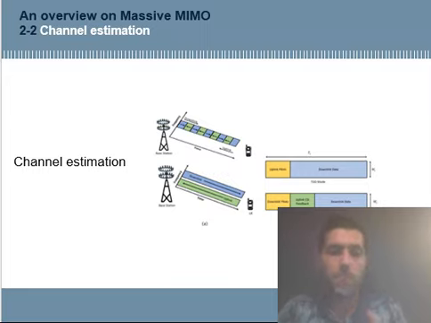For a massive MIMO system with many antennas, the downlink channel estimation strategy in FDD becomes very complex and sophisticated and infeasible to implement in real world applications.